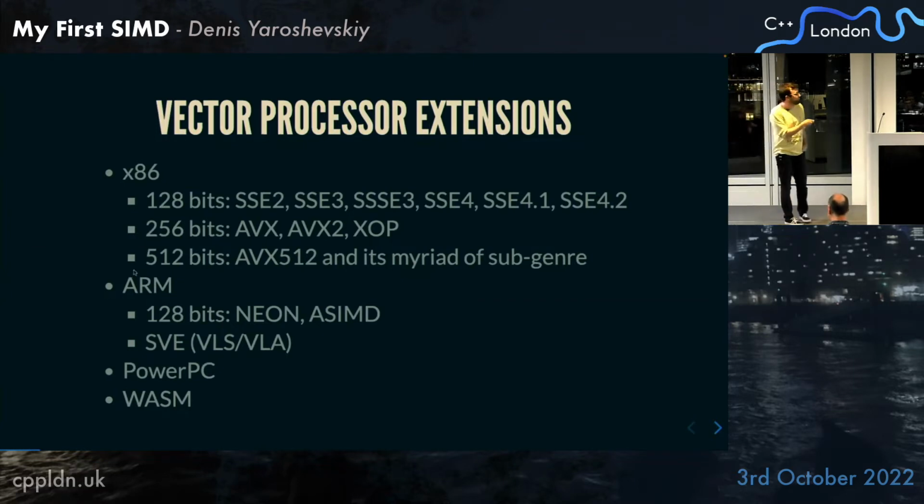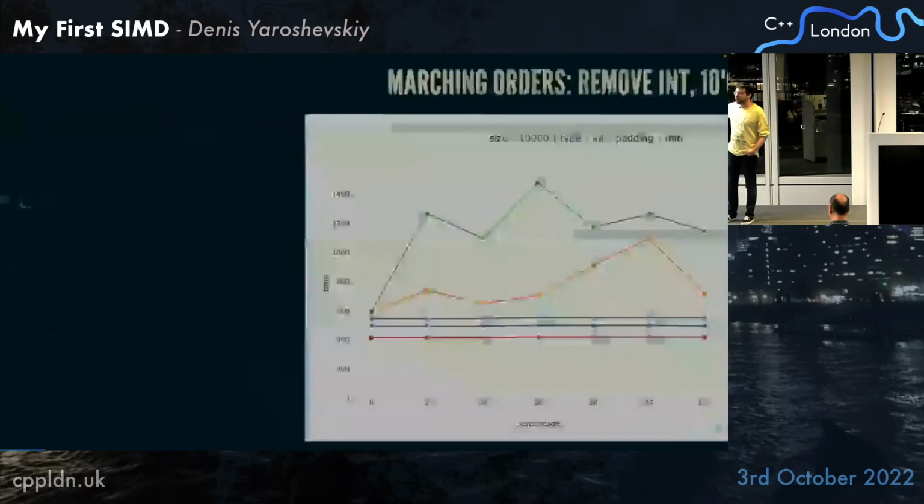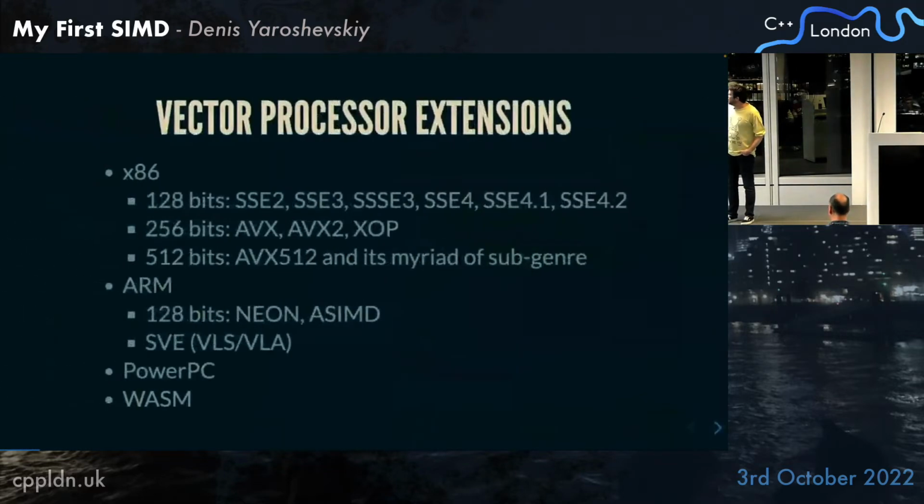There are two versions, not on SVE itself, but on how you program it. VLS and VLA. You can ask me later about SVE, but this is ARM server stuff. They are trying to deploy now. ARM is trying to muscle in on the server market, and this is how they're trying to do it. There's also some stuff on PowerPC, and there are WASM extensions as well.